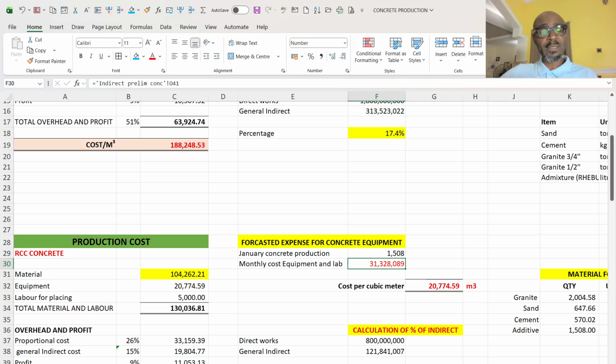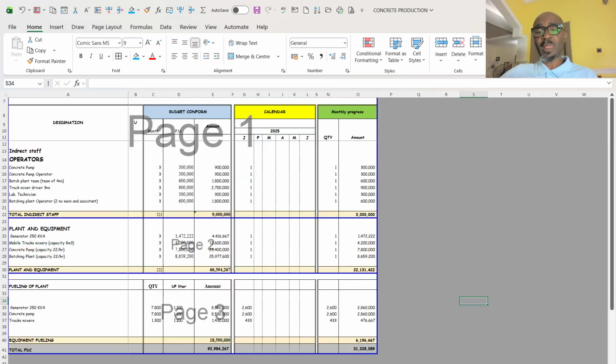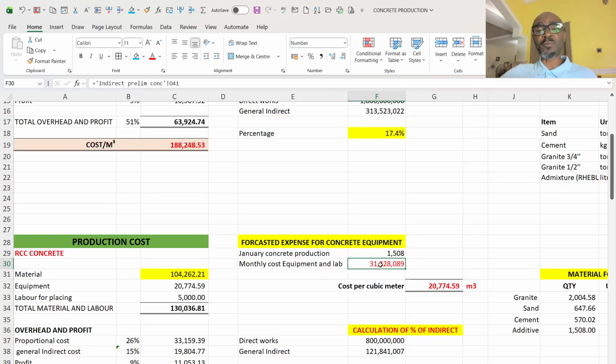So I come to this place. I took out these are the preliminaries, which was 93 million, but I made advancement. That is, I released progress of month 1, which gave me 31,328,089 kobo that I now brought forward here, then divided it by the total concrete I produced.